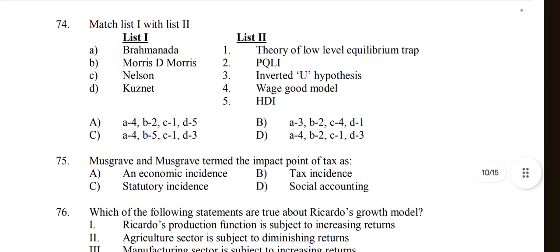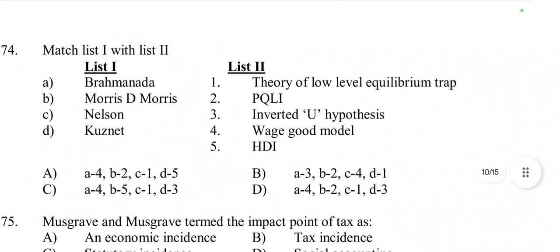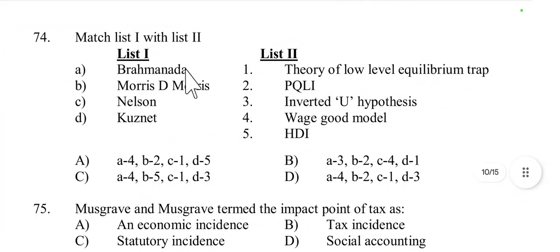Then question number 74, a List 1, List 2 question. First, Brahmananda gave the concept of the FRE model. Then Morris gave the concept of PQLI, Physical Quality of Life Index.